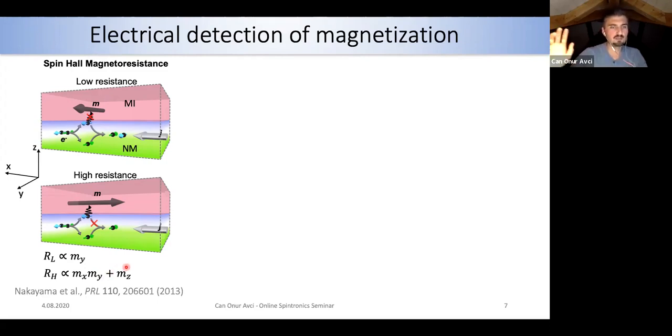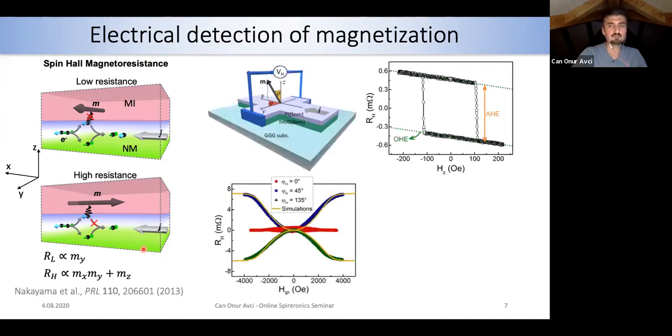If you know a little bit about the anomalous Hall effect and planar Hall effect in metallic films, this is basically equivalent, just that we measure it in platinum without sending current through the magnetic material. Also, the amplitude of the effect is much lower than in the metallic cases, but it's still very easily detectable.